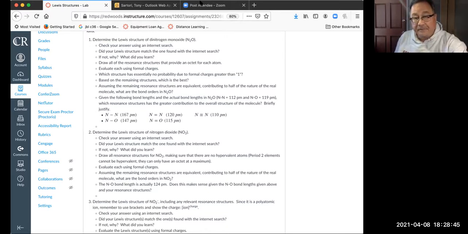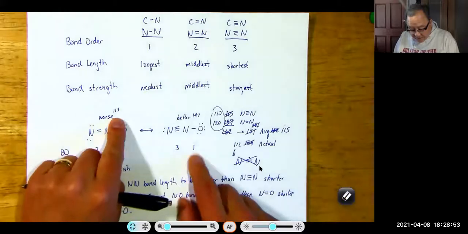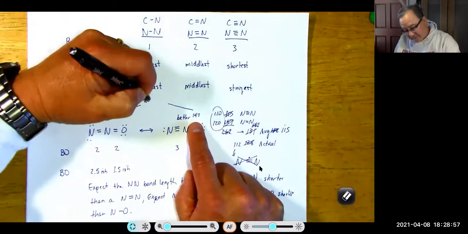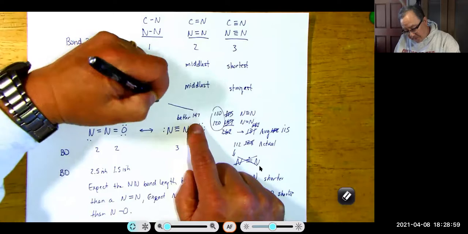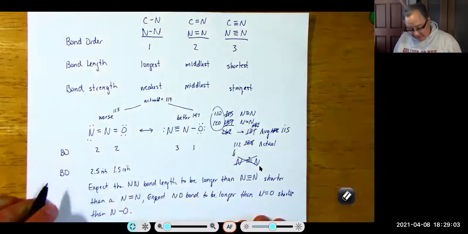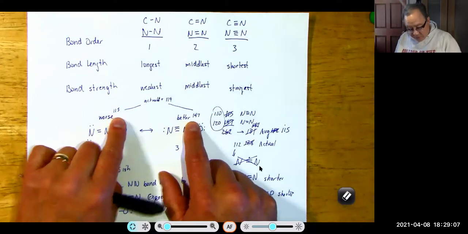Yeah. So I'm going to go back to what we were just looking at. So here it's 115 and 147, and the actual is, well, I got an extra L in there, is 119. And if you split this down the middle, the average would be 131.